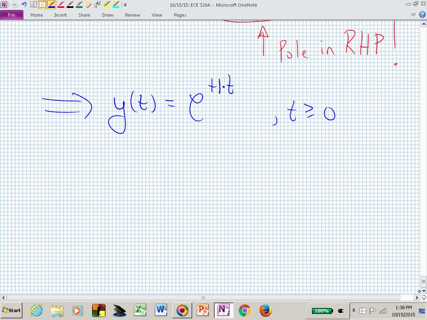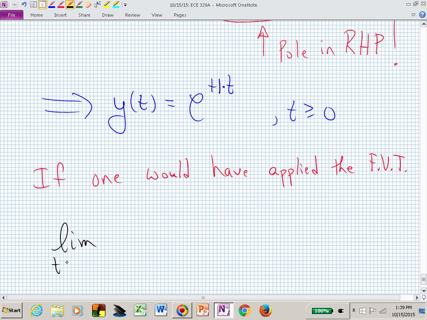If one blindly applied the final value theorem, what would we end up with? We would say, oh, good, I can do the final value theorem.